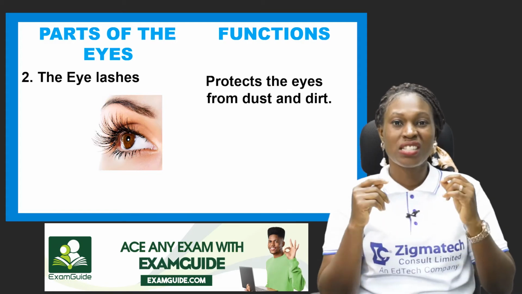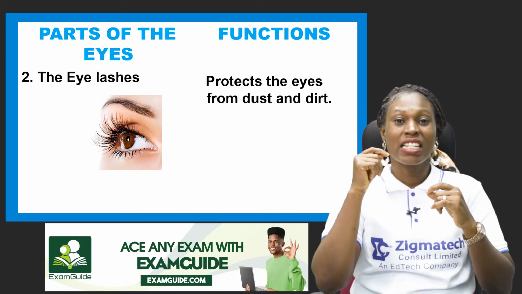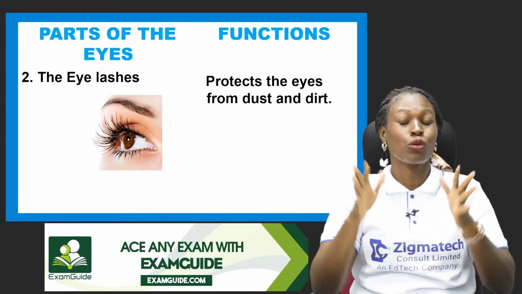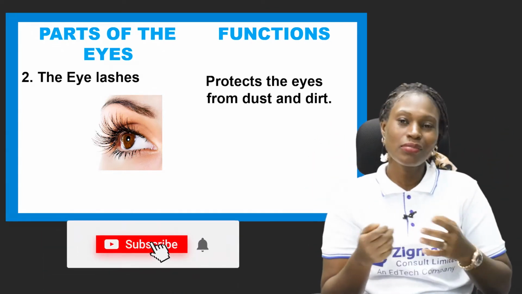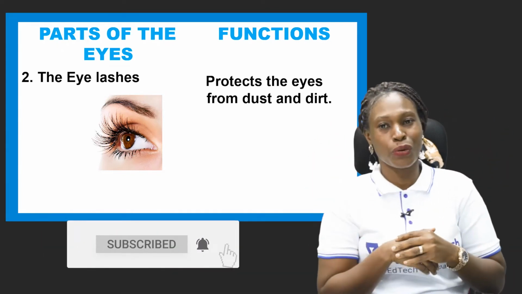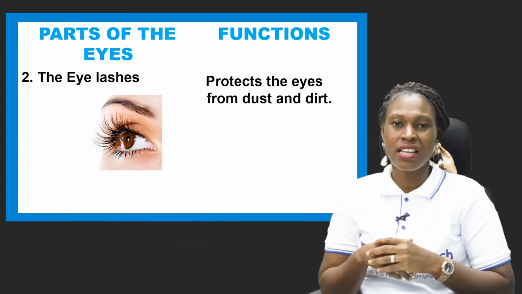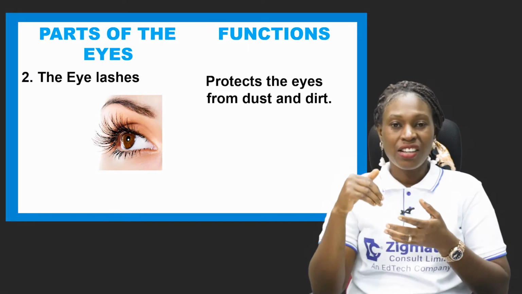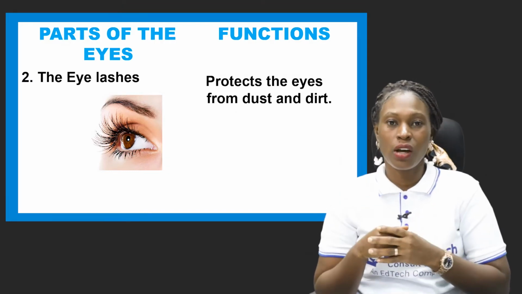A girl was fixing her eyes, somehow the person that was fixing the lashes made a mistake or something entered her eye. She was screaming everywhere. And the persons were like, you see what you're causing for yourself. This could result in blindness. So we need to be very careful when we're having external lashes on. You need to go to a professional to do that.